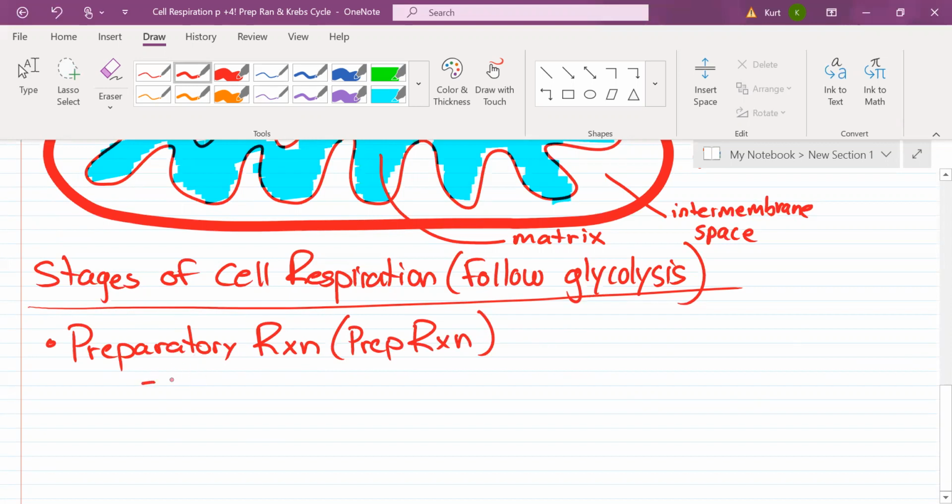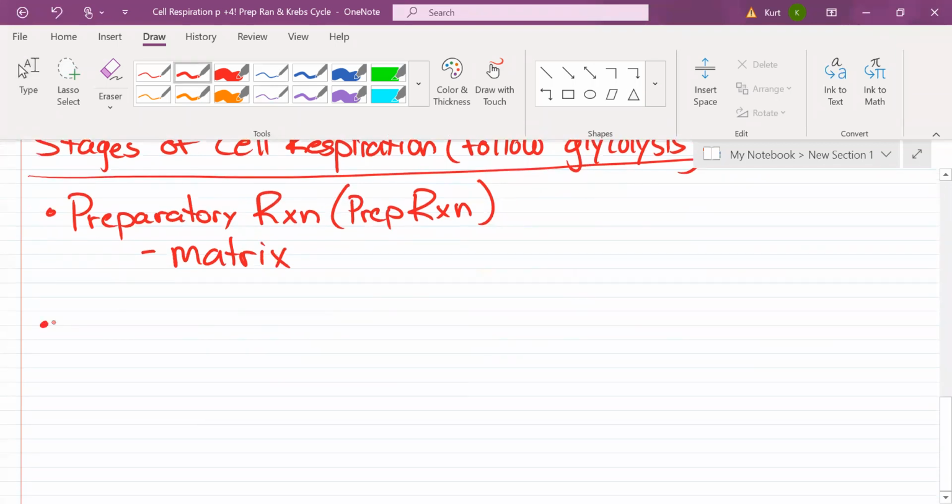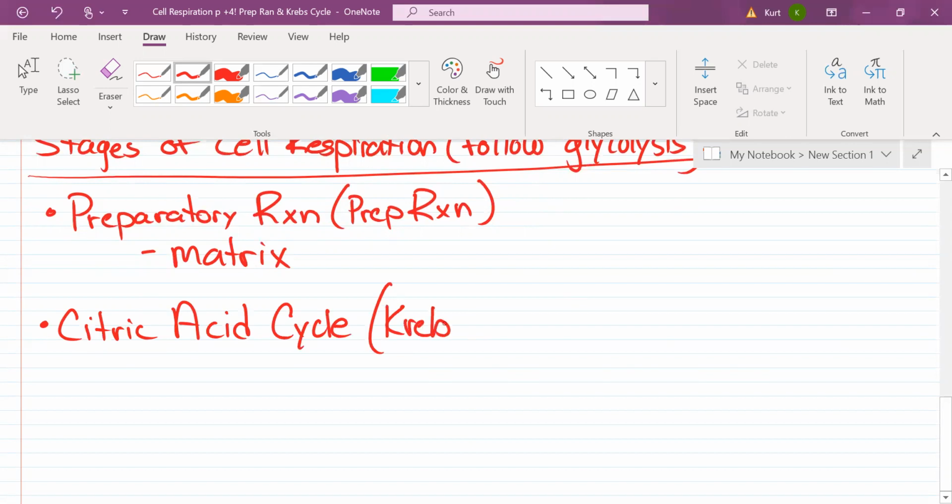This takes place within the matrix of the mitochondria. Following the prep reaction, we have the citric acid cycle. This is called the Krebs cycle as well. And this is in the matrix of the mitochondria.